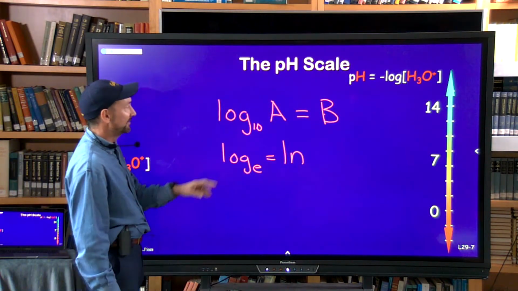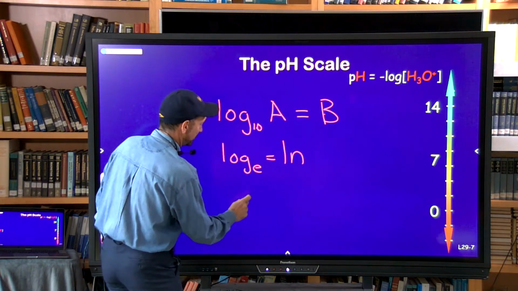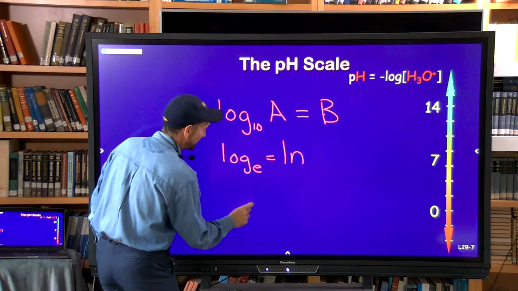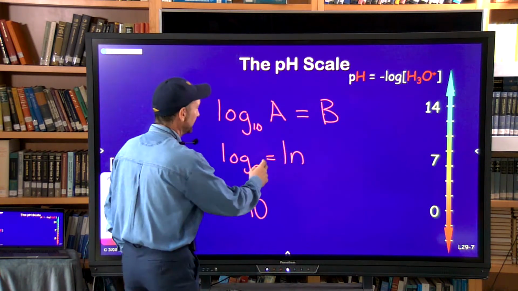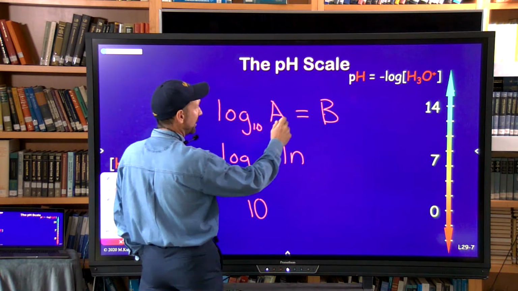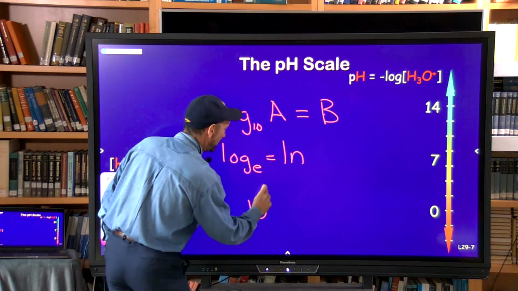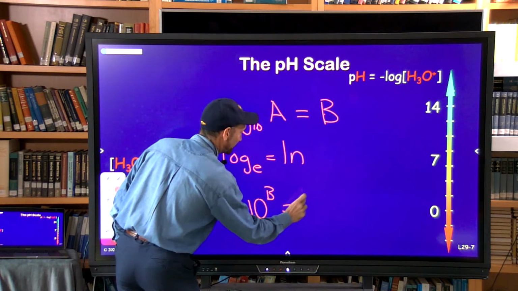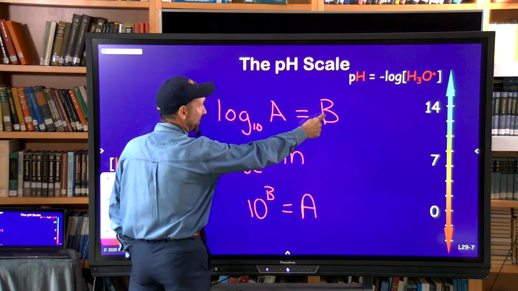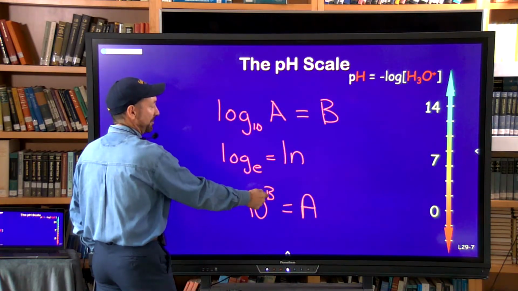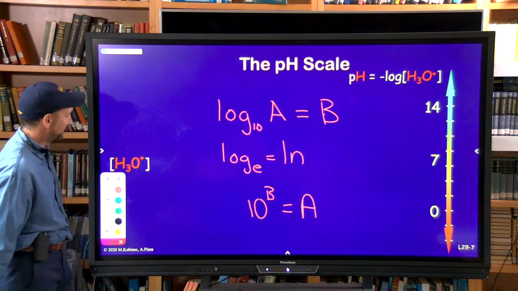So that means that 10, in this case the base is 10, log base 10, to this power has to equal that number. So B equals A. Basically, it says take the exponent of the base 10. And that's what your value is.